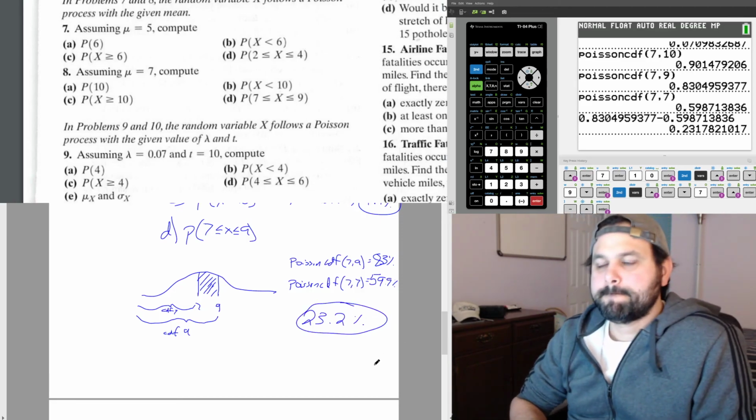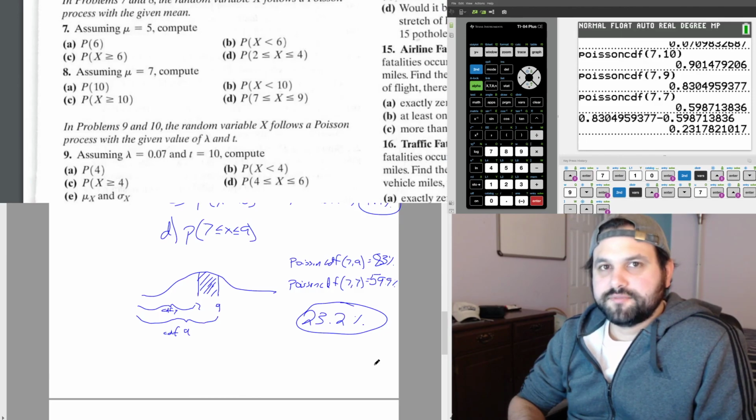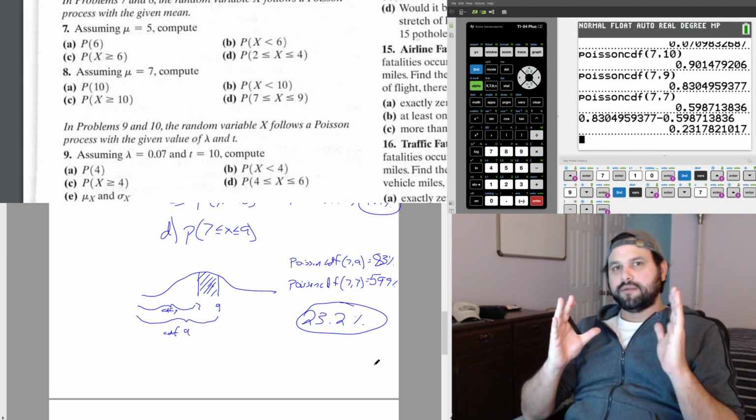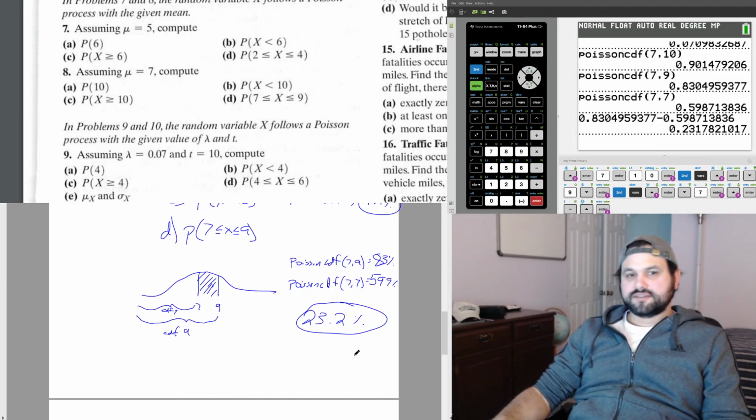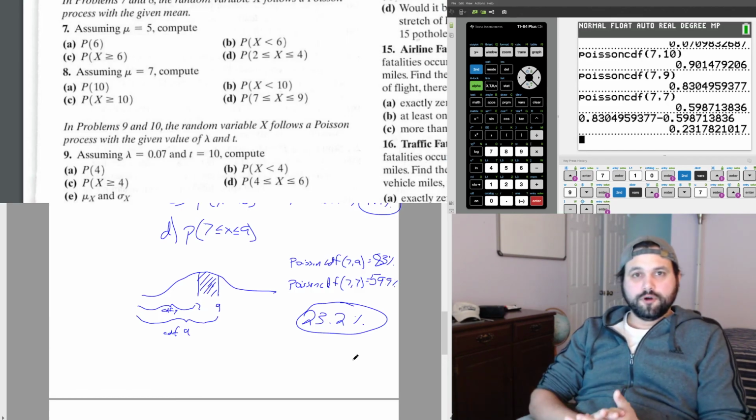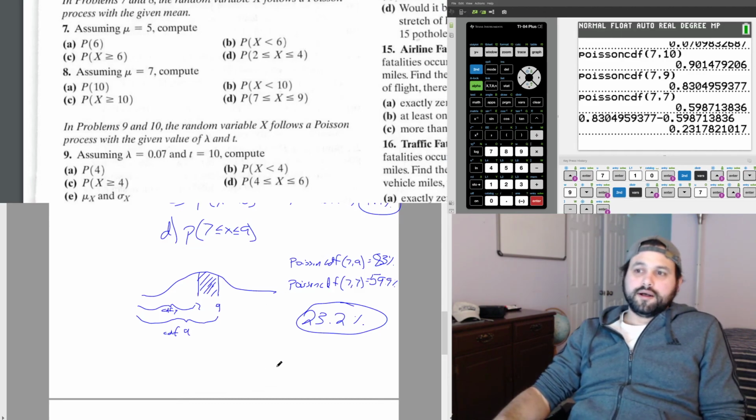Okay? There's our answer for part D. So that's how we would find the probability of between two certain values. And that is going to be it for the Poisson distribution. A couple more homework problems, and I will see you on the next one.